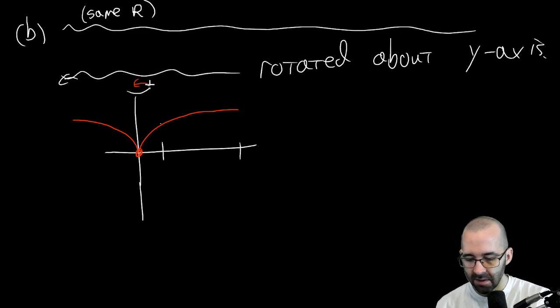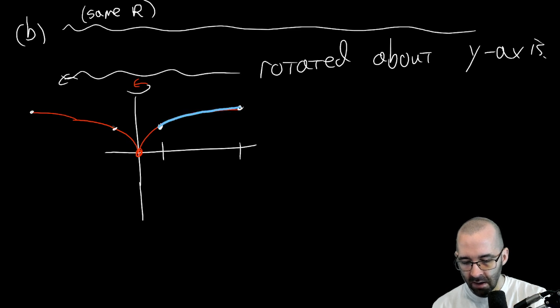Getting rotated about the y-axis. And now what we have, we're starting here, going up to here, and we're rotating it about the y-axis. So now it looks kind of like this.